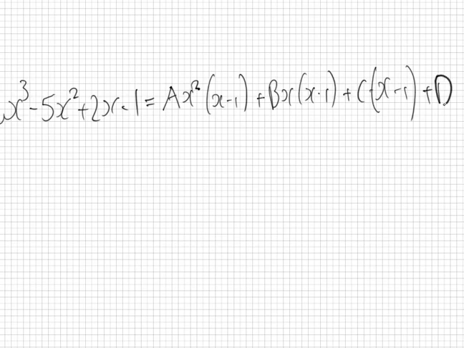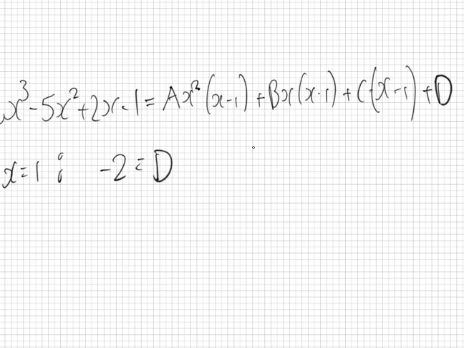Well, there's a 2 over here in the front. So what should I make first for x? I think I should definitely use x equals 1, because that gives me the d. So when I say x equals 1, I'll get 2 minus 5 is minus 3, plus 2 is minus 1, minus 1 is minus 2, equals d.